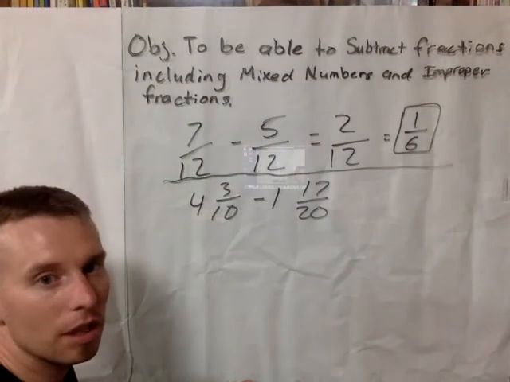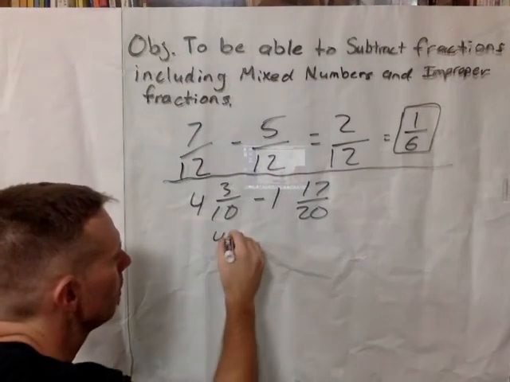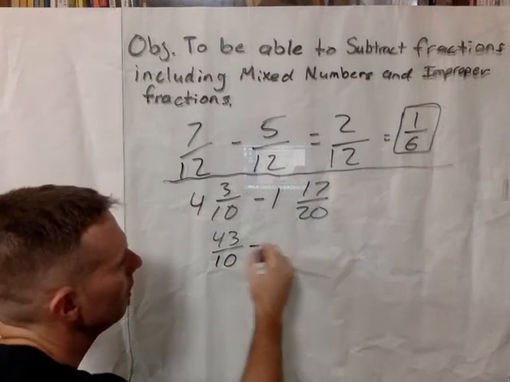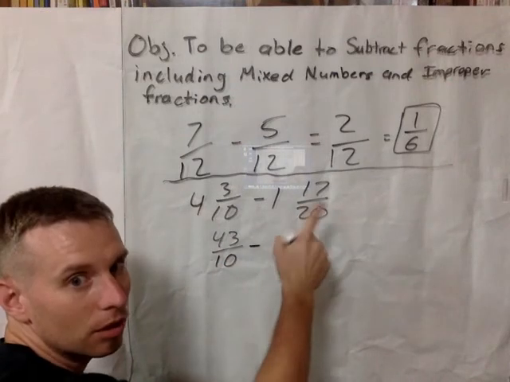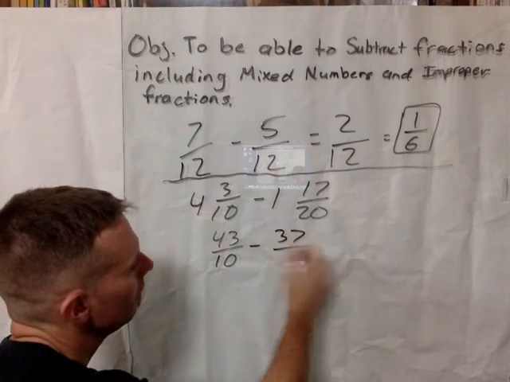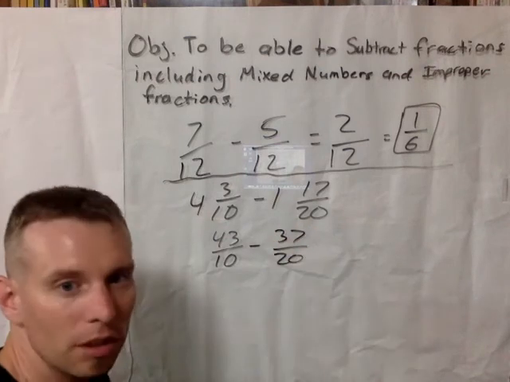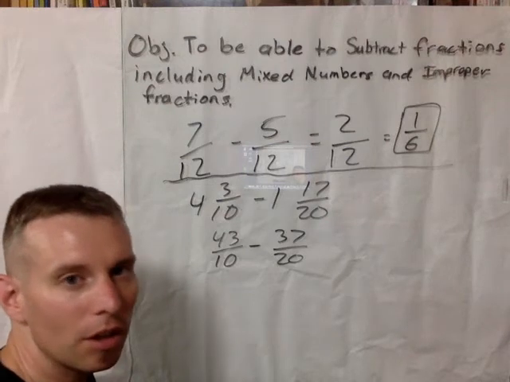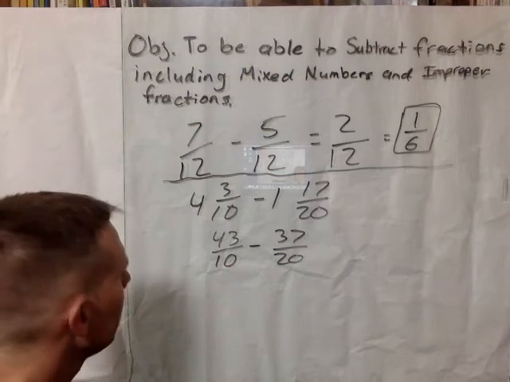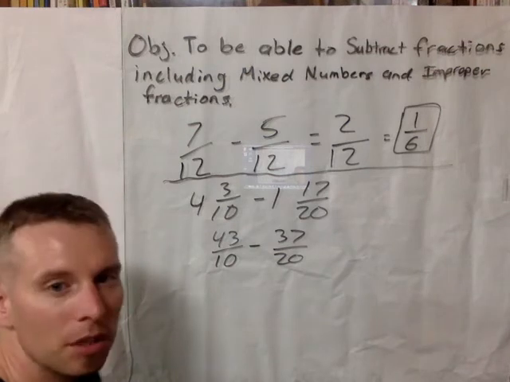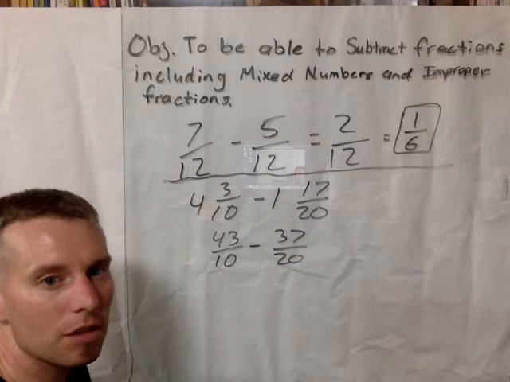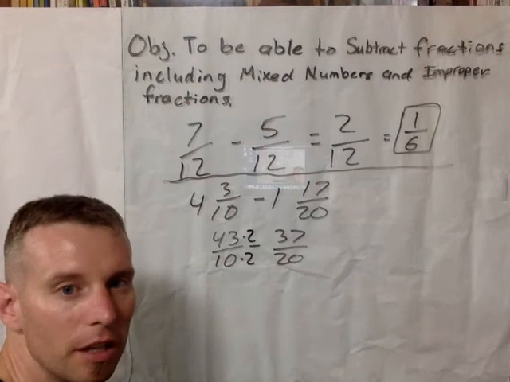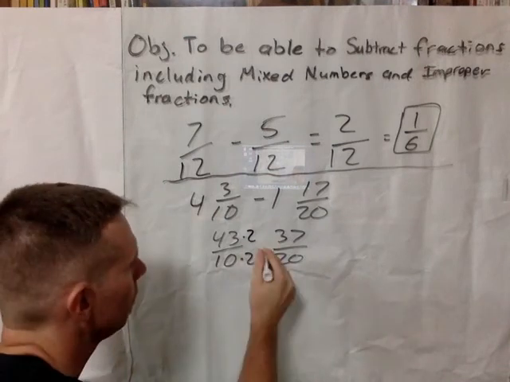So 4 times 10 is 40, plus 3 is 43/10, minus 20 times 1 is 20, plus 17 is 37/20. Now we need to find the least common multiple of the two denominators, and again we called it the least common denominator. And it looks like it's going to be 20, so the only fraction that we have to change is the first one, which we'll need to multiply the numerator and the denominator by 2.